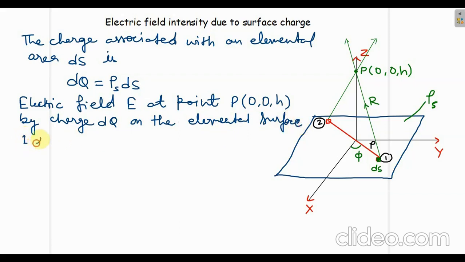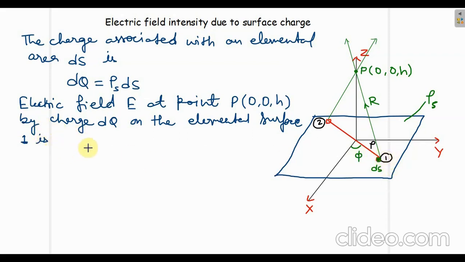So what will be the electric field intensity at this point P due to this elemental charge dq on this elemental surface which is marked as 1.